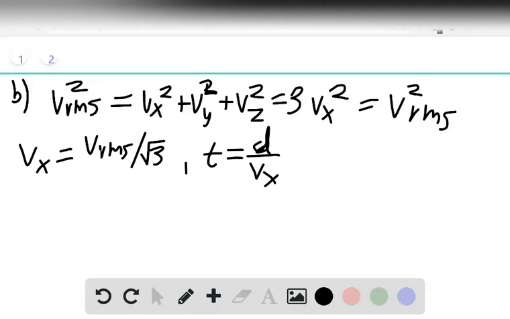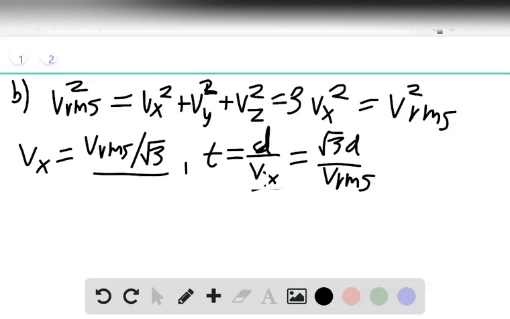So we plug this in for Vx and you get t equals square root of 3 d over V RMS. Okay, and that's just when you plug in this for Vx into this equation. Okay, so that equals t.